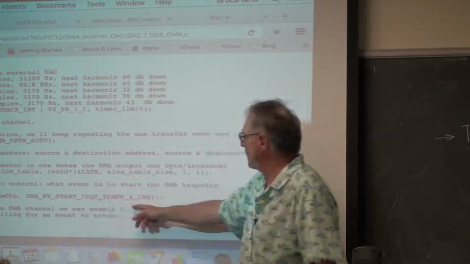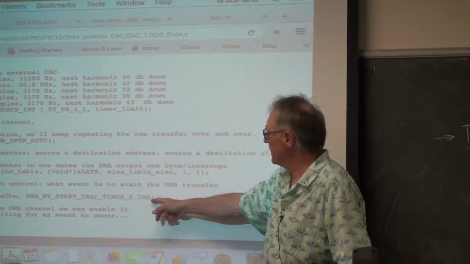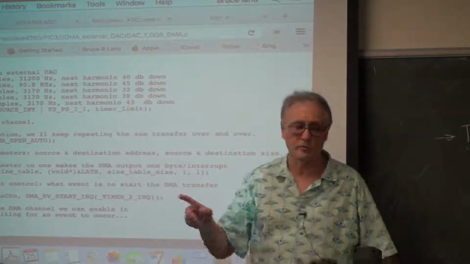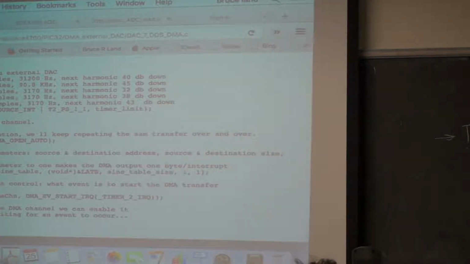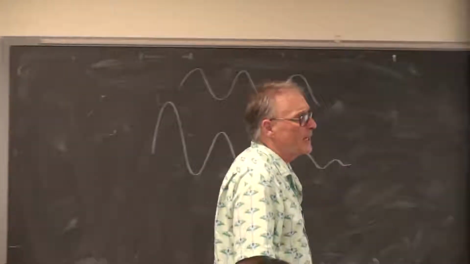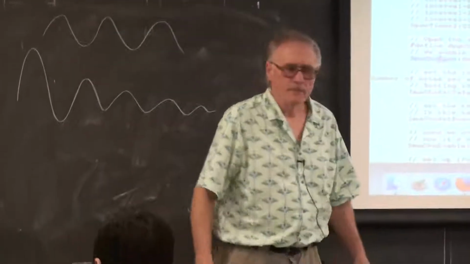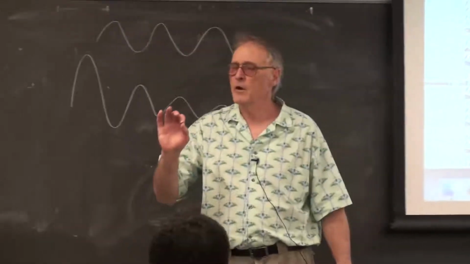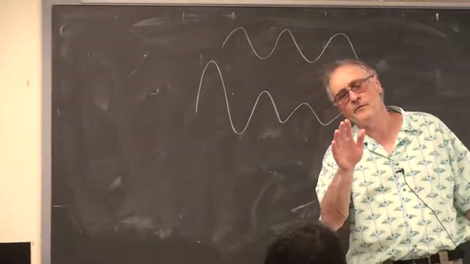We're going to set up a start on the timer 2 interrupt request, but a reading of the hardware reference suggests that there are really 2 sets of interrupt flags.